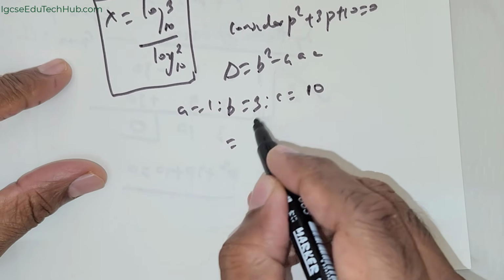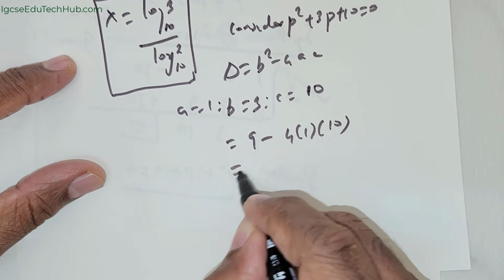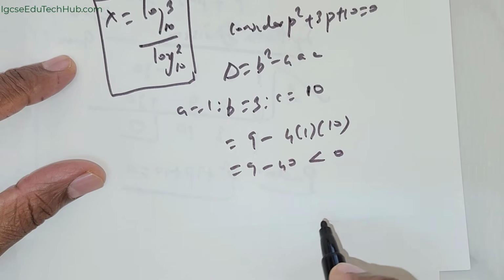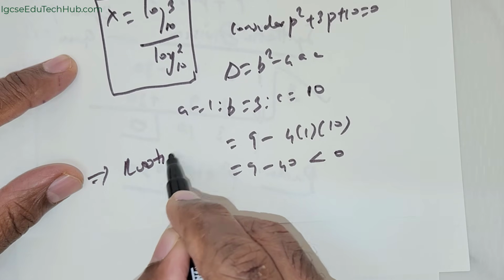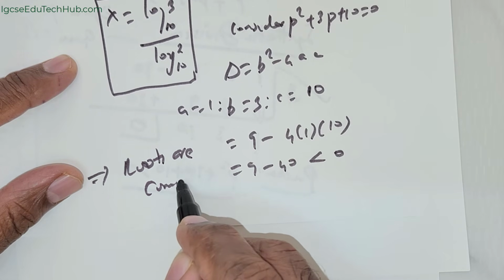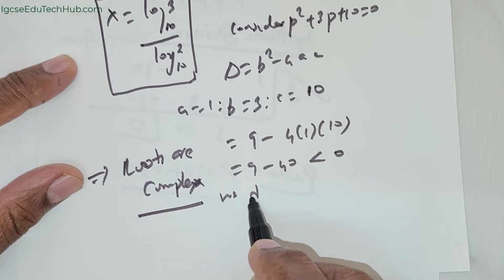So b squared is 9, minus 4 times a is 1 and c is 10, which means 9 minus 40, which is going to be less than 0. So this means the roots are complex. We don't need complex roots here, so we drop them.